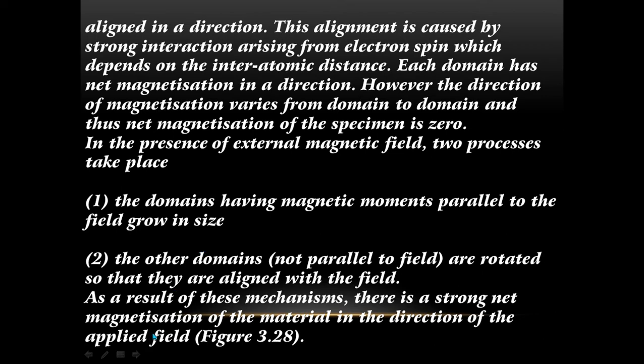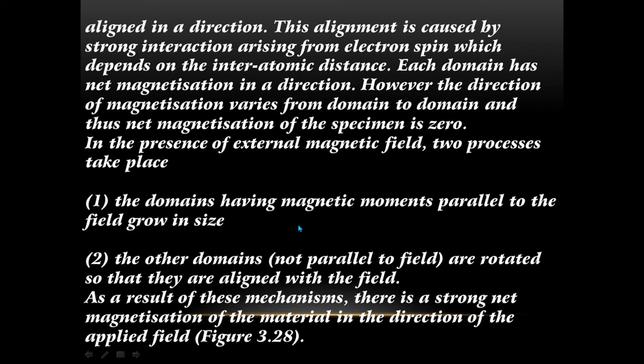Second, the other domains not parallel to the field are rotated so that they are aligned with the field. As a result of these mechanisms, there is a strong net magnetization of the material in the direction of the applied field.